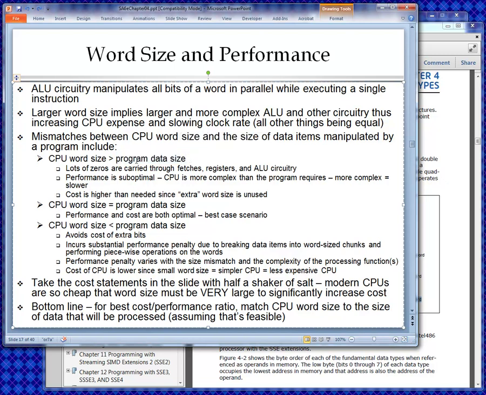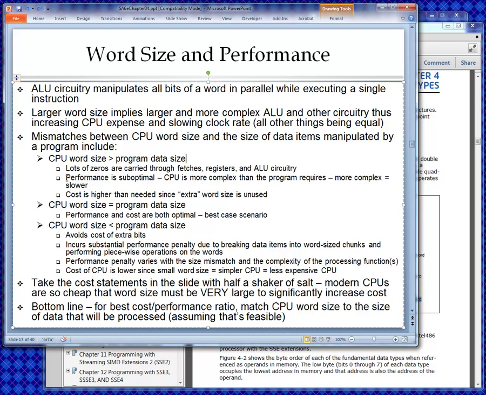So if I've got a 64-bit CPU but I'm only adding together 32-bit numbers, that just means I've got a lot of extra zeros that I'm carrying through. So in theory, I'm wasting a bunch of circuitry, and to the extent that extra circuitry is slowing things down, that's bad. But from the point of view of, does it take any more time to add a 32-bit number versus a 64-bit number on that CPU? The answer is no.